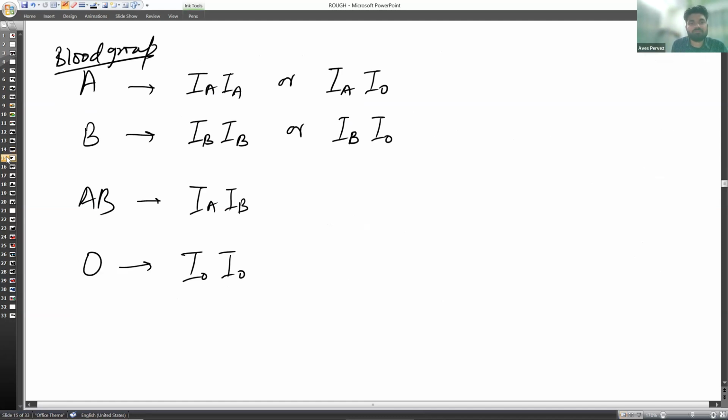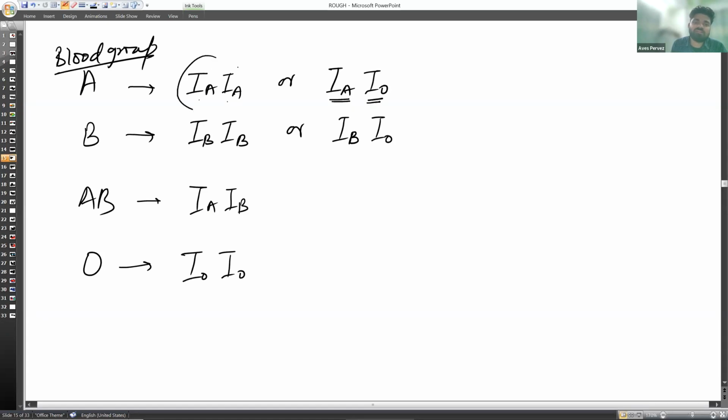Next is blood group. Let's have this blood group. For blood group A, it is only possible if we have IAIA and IAIO.